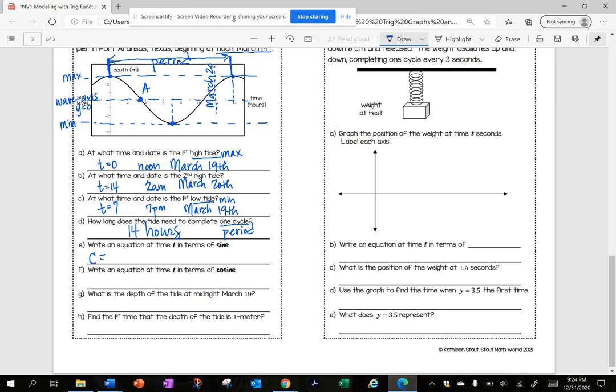So my C value, from here to here, is 3.5. So C equals 3.5. My B value: B equals 2 pi divided by the period. And we said the period is 14, so B equals 2 pi divided by 14, which is pi over 7 when I simplify.